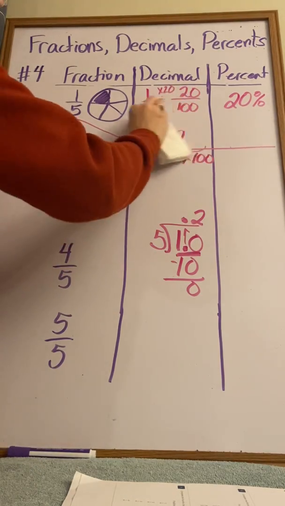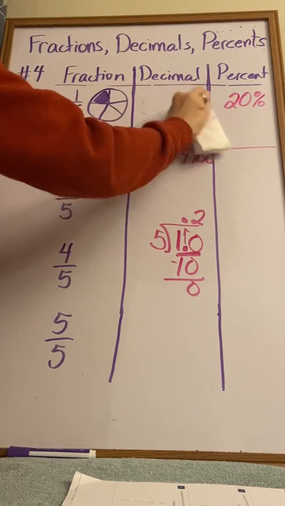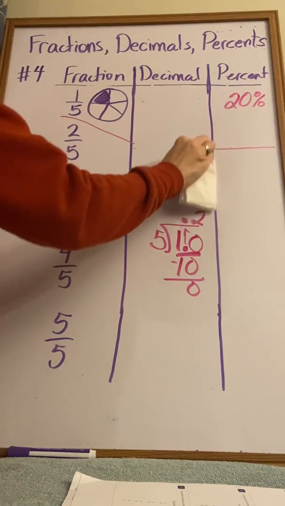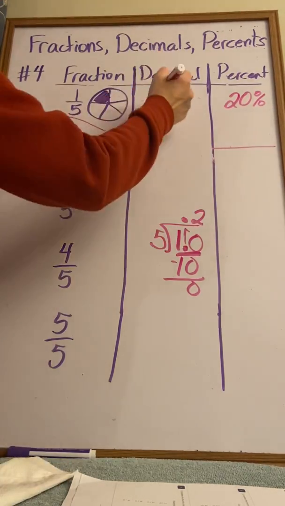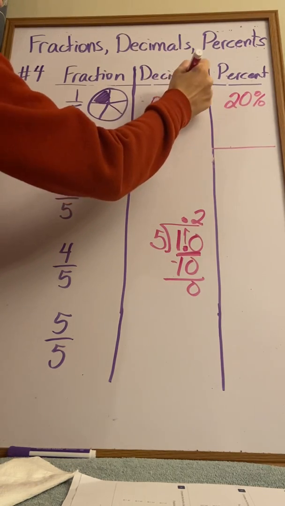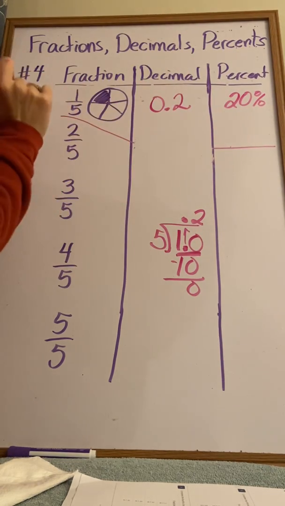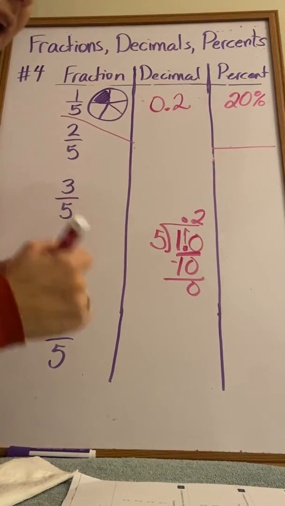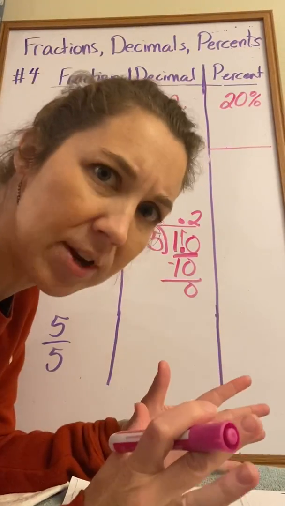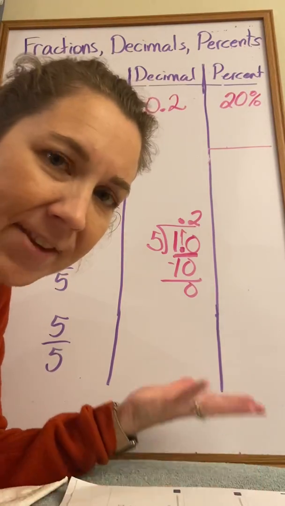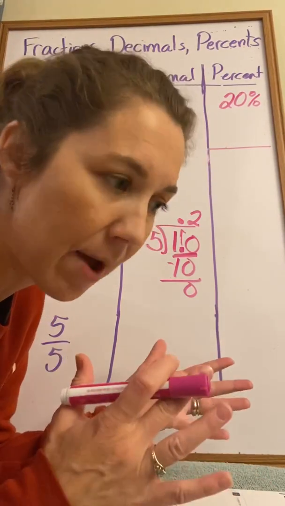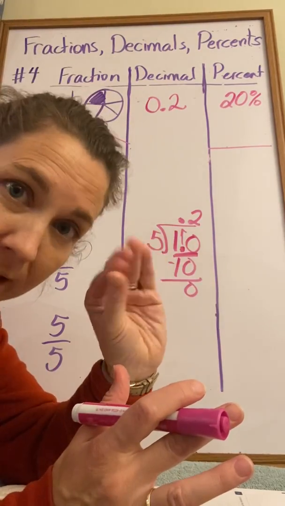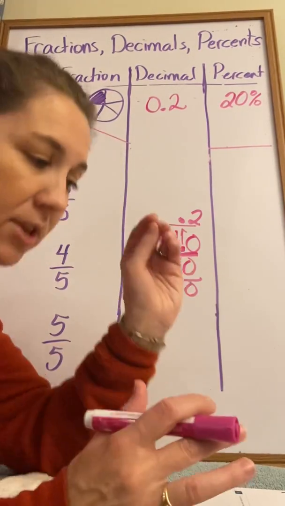I'm going to erase this ratio, this proportion, and I'm going to move my answer up. So 1/5 of the cake is 20% of the cake, because I'm trying to figure out how can I take 100 and divide it up into 5 equal pieces, and that would be 20, 20, 20, 20, 20. 5 equal pieces, 20 each.